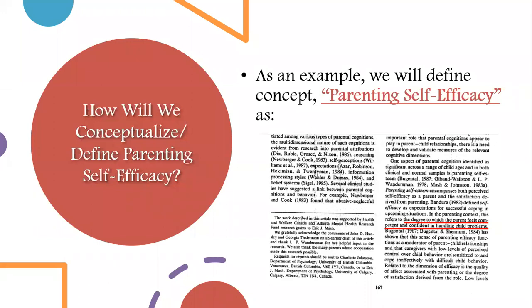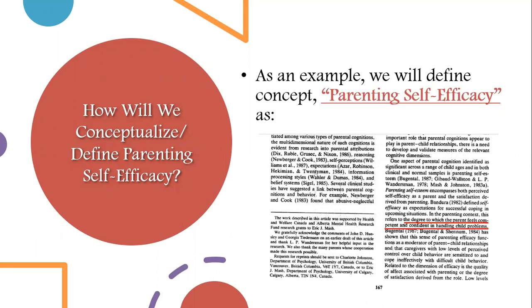The concept that we're going to focus on here is parenting self-efficacy. As you can see underlined in red, the way in which we will define parenting self-efficacy is as the degree to which the parent feels competent and confident in handling child problems. That is the way in which we will define it, and this is just an example.